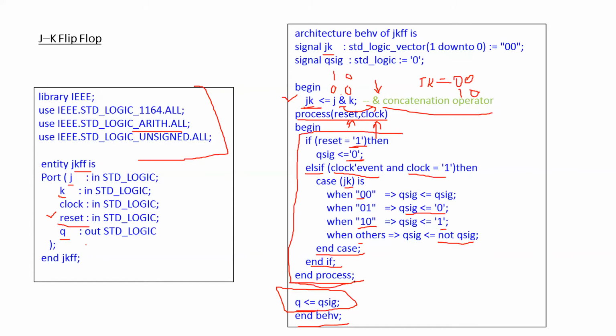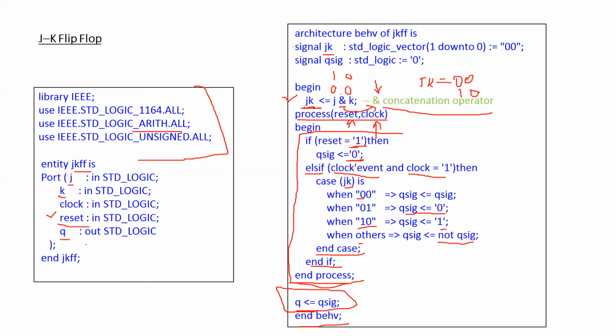This is a behavioral modeling style where we have a fixed set of inputs, and based on that fixed set of inputs we have specifically defined values at the output. Simply, I have J and K values, and I have combined J and K as a whole to create a vector JK, which we have already defined over here.